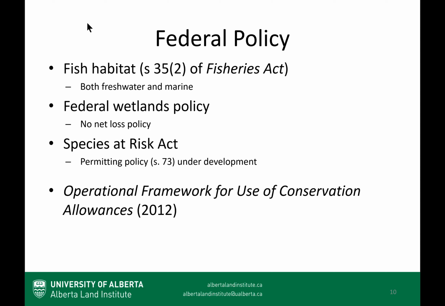So the first one is, with species at risk and offsetting, it's almost always about a project that has a footprint that is going to damage or destroy designated critical habitat. And too often, I think the modifier critical is overlooked.